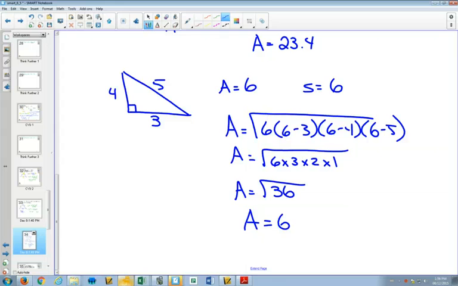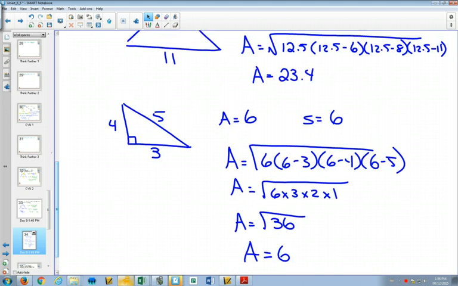This is just a nice feel-good one to see that it does work even with ones that I know how to do the other way. So sometimes you're going to be asked to find the area of a triangle where you're given all 3 sides, and now you have a new formula that allows you to do that.